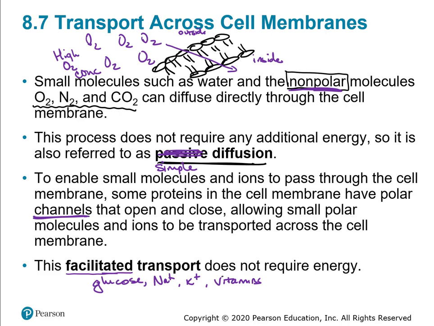To be able to get into the cell, they have to use a channel. But it's still passive transport because it's going high concentration to low concentration. So just like water did in osmosis, things that can do diffusion are always going to move from high to low.